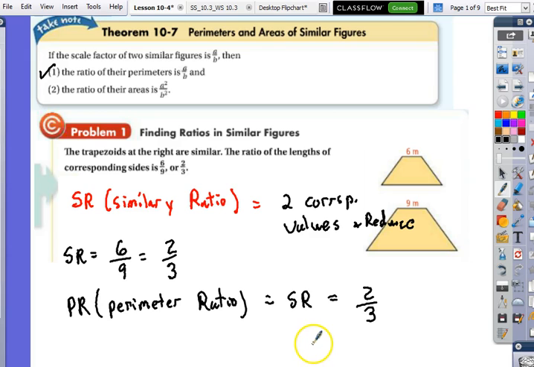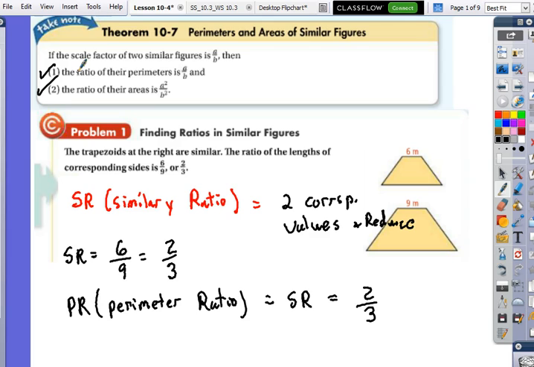The other thing we've got to deal with is an area ratio. Now, since areas deal with squared units, before you can do a comparison between two different objects that might have similar areas, you have to know what their area ratio is.